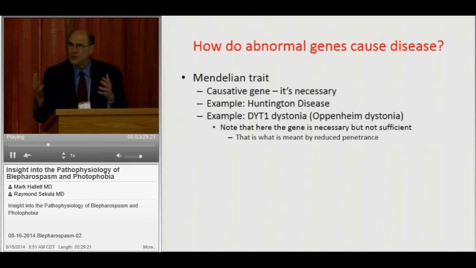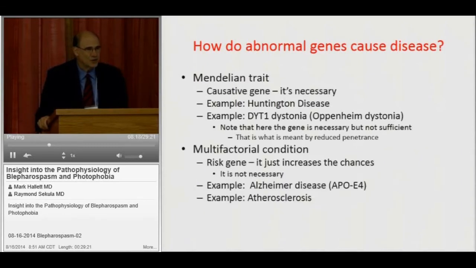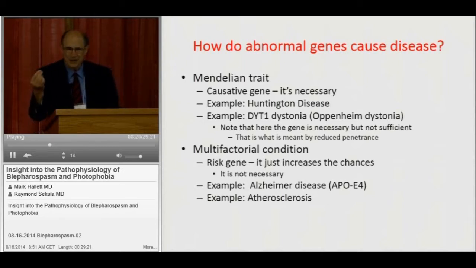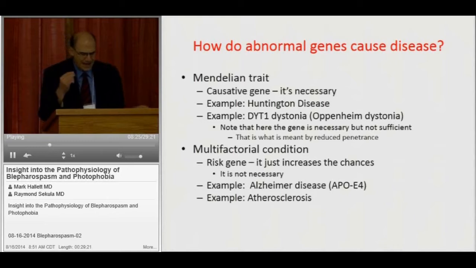It goes back to what I was saying, that it's multiple G's and multiple M's that are going to be relevant for any disease. And in addition to that gene, you do need something else, but you do need that gene. There are other situations in which the genes are only risk genes. They seem to increase the risk a little bit, but they're not necessary for the disease.